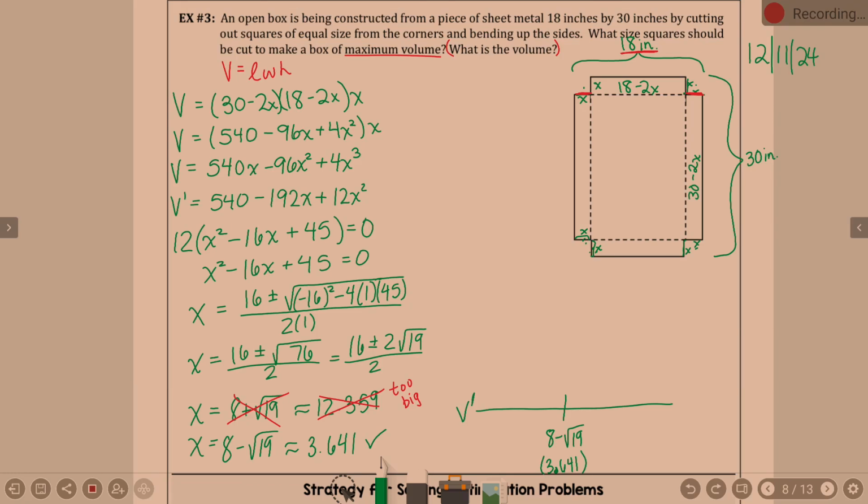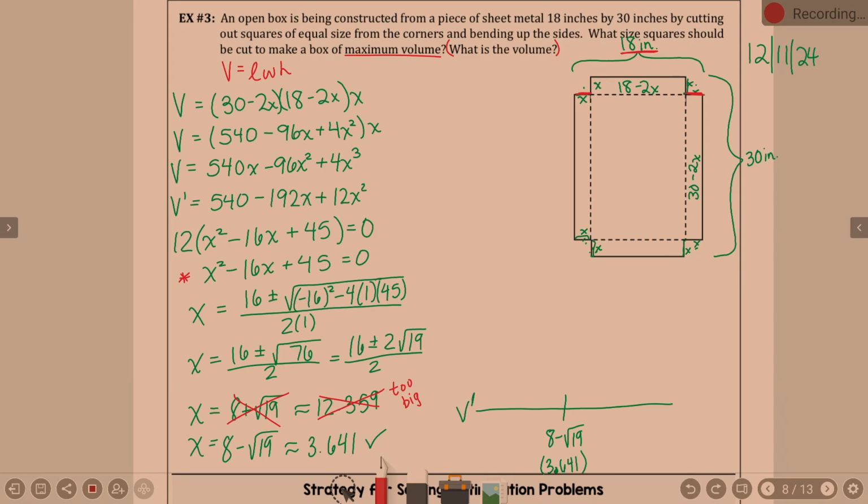We don't have a factored form to plug into here. So really, what I would say is plug in a number to the left of the critical value. You can even use something like 3.6, because all I need to know is whether it's positive or negative.